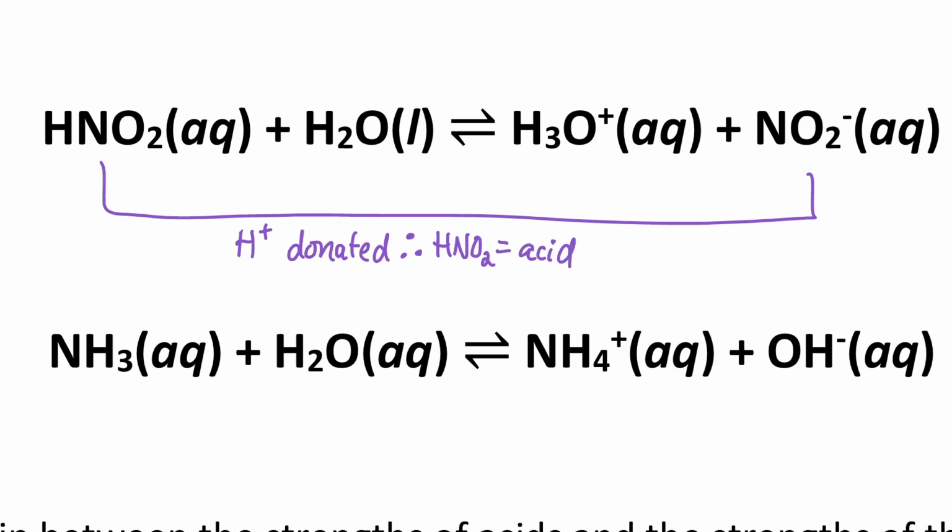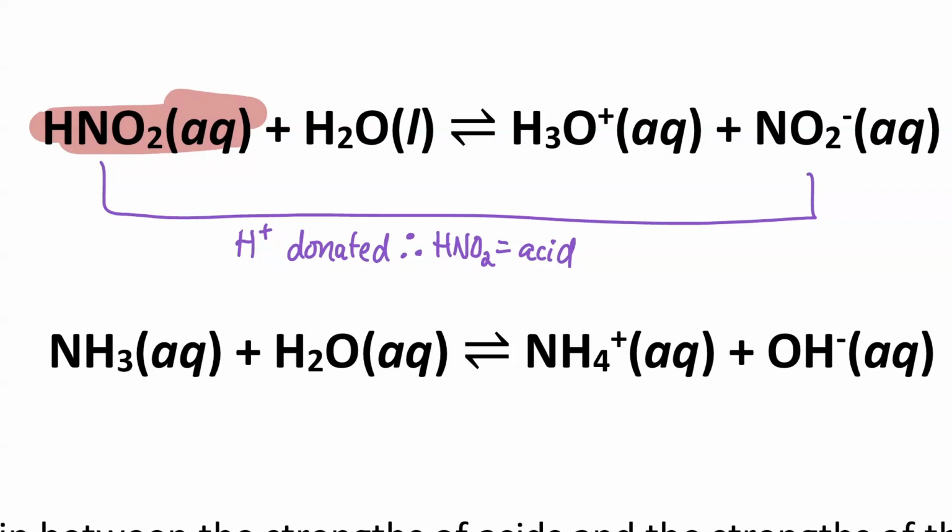Right, what's your other clue that it's the acid? Oh, you're making it too hard. What's your other clue that HNO2 is an acid? There's that H. Yeah, it starts with a hydrogen in its formula.